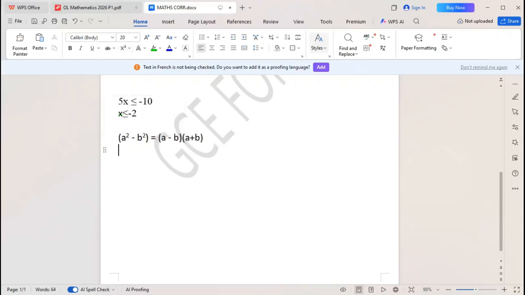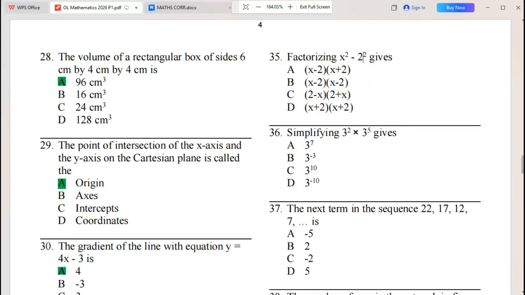So for x squared minus 2 squared, we have x minus 2 into x plus 2.